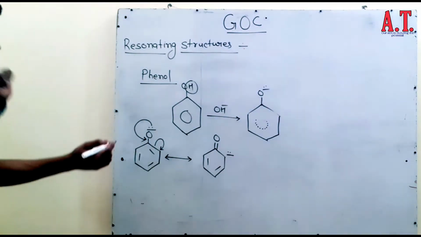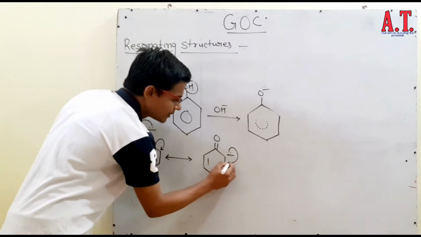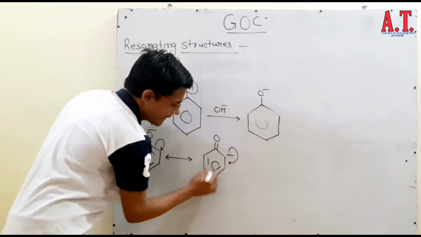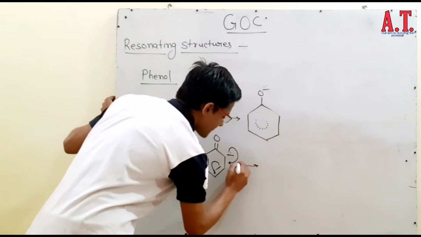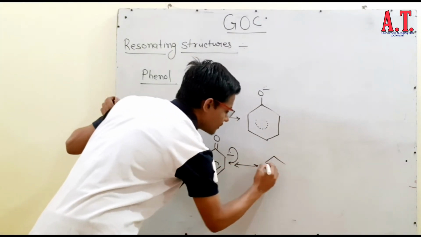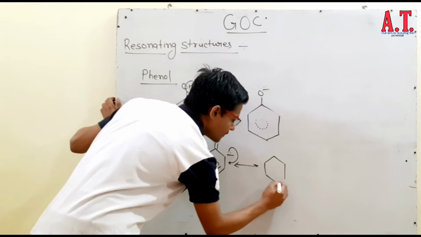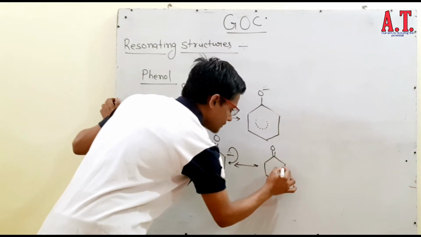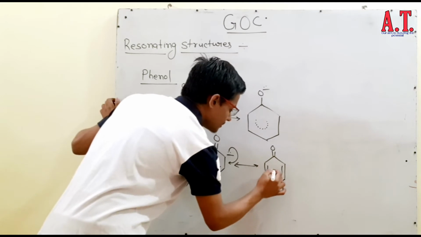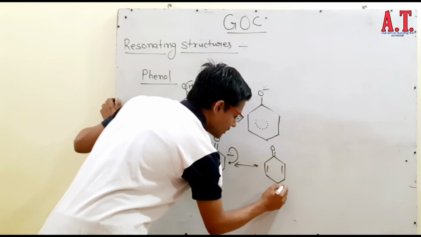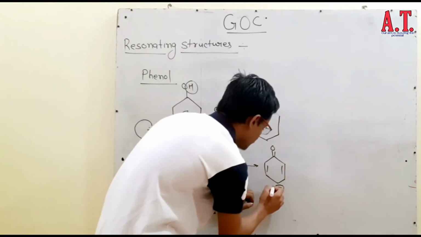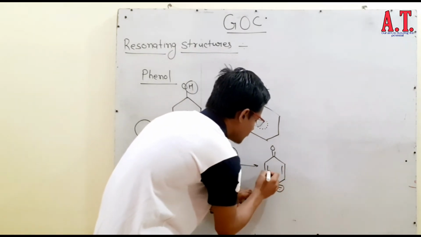Again this charge can move: lone pair, single, double. This pi bond shifted here and the charge will come out here. And again this charge, single, double.